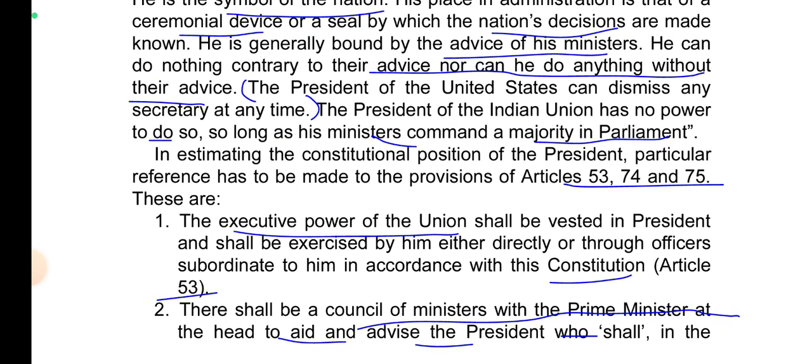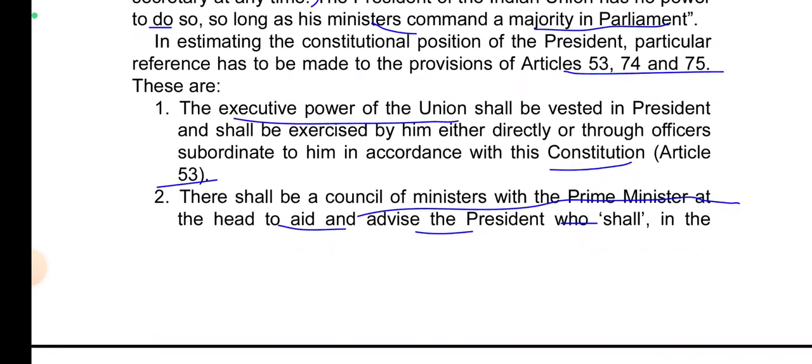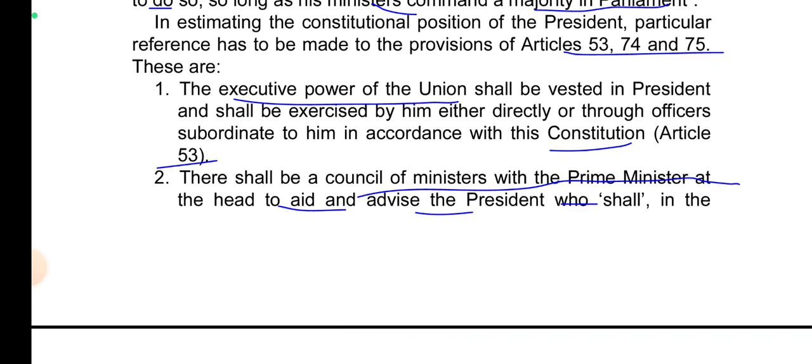The President of the United States can dismiss any secretary at any time. The President of the Indian Union has no power to do so as long as his ministers command a majority in Parliament. In estimating the constitutional position of the President, particular reference has to be made to the provisions of Articles 53, 74, 75.